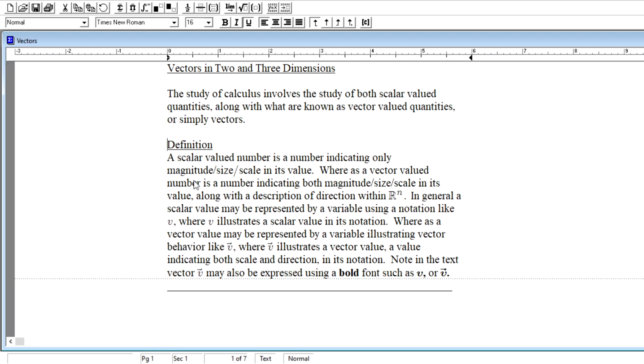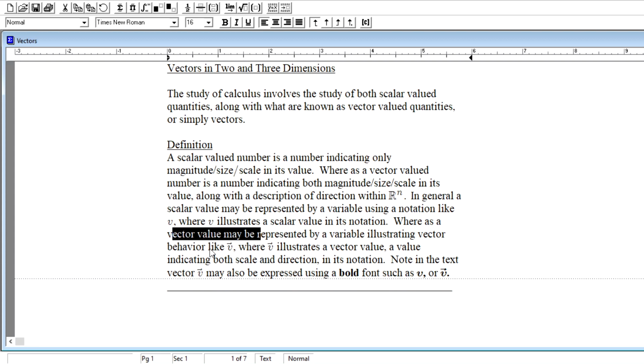Now, in general, a scalar value may be represented by just a variable using notation like a little u or a little v, or often the most common is the value little x, for instance, where that value would just illustrate a scalar value in its notation.